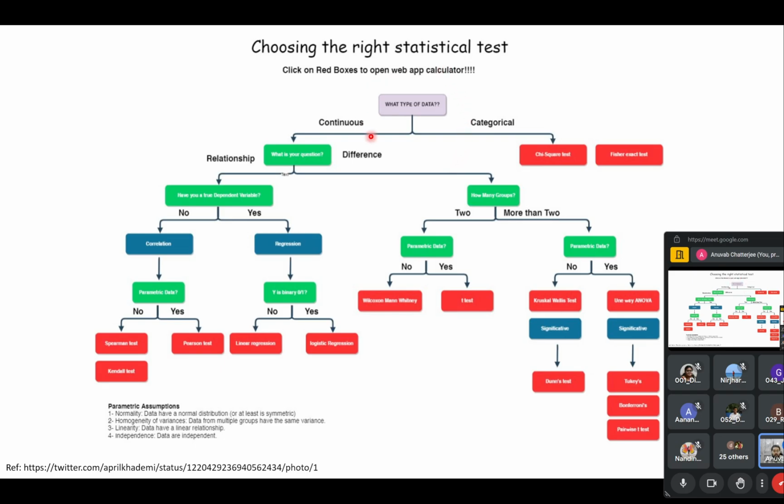So if we start right here, think what type of data do you have? Is it a continuous numerical data or a categorical data? Categorical data means it is not a continuous set of numbers, but is a discrete set of numbers.